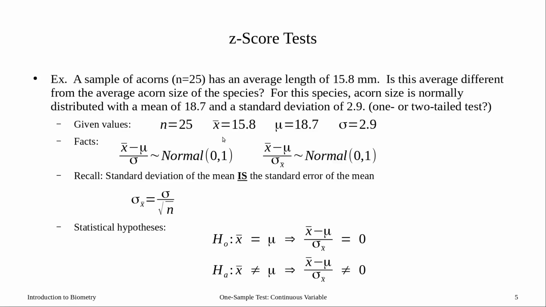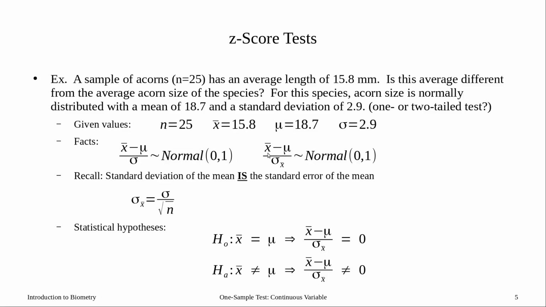If we actually have our sample and know the sample size, then our mean minus the population mean divided by the standard error of the mean will also approximate a normal 0, 1 distribution. Before we did x minus mu divided by standard deviation to get a normal 0, 1 distribution.